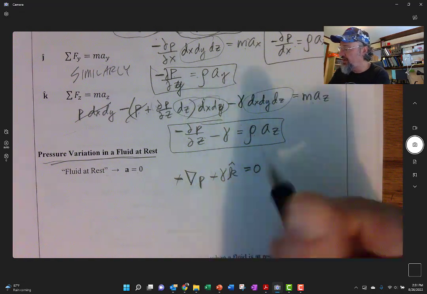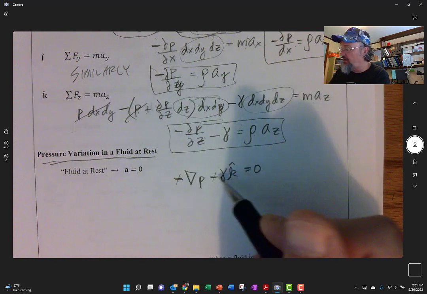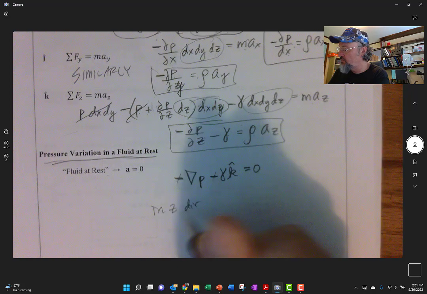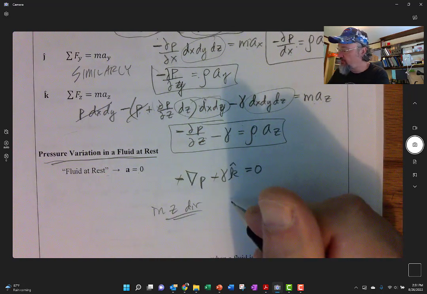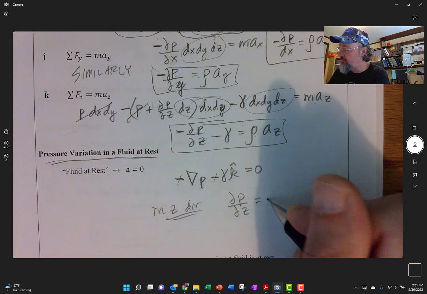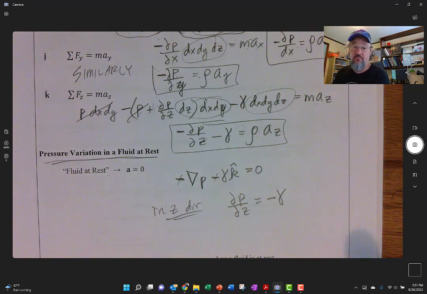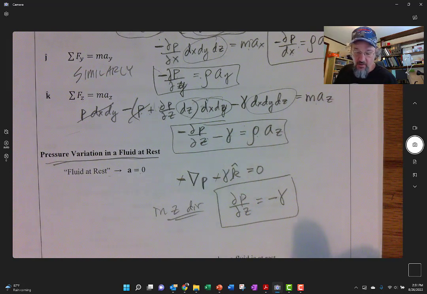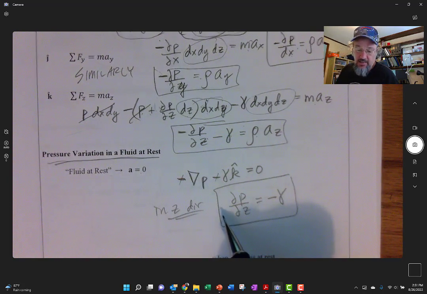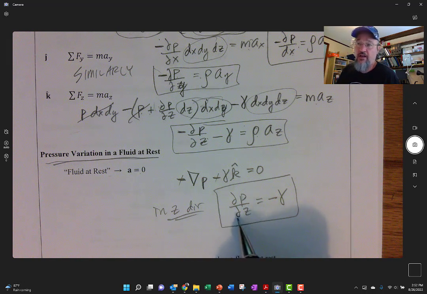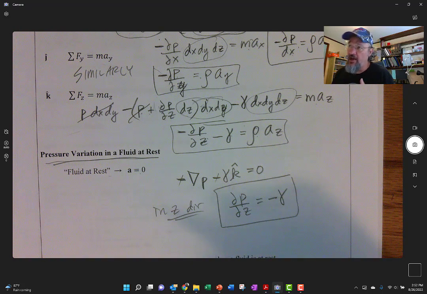But we'll note that when we're only looking in the z direction, we're going to have del P del Z is equal to negative gamma, right? So we could have just written this down and you could just accept it. But I think putting it into the context of how pressure varies, here's our static pressure gradient that we will be using in this class today, right?